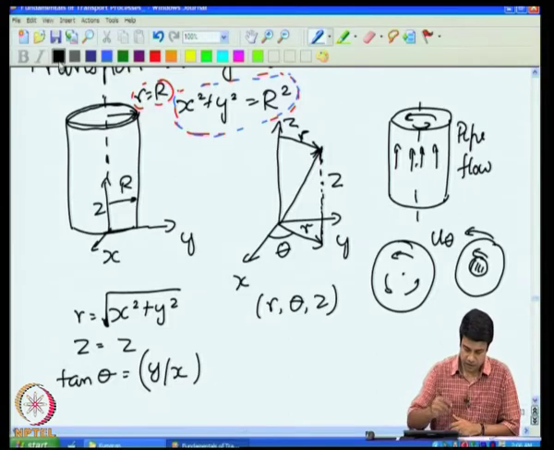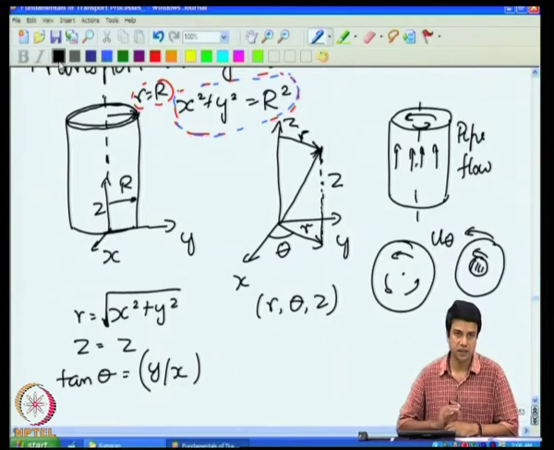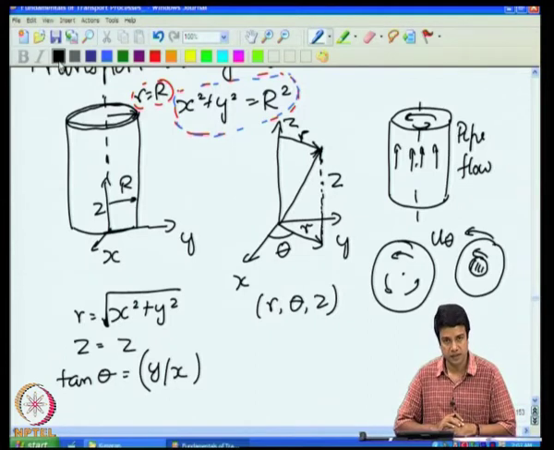So, for this particular cylindrical coordinate system, you have one axis, the z axis, about which the entire system is symmetric. So, if for example, I were analyzing a pipe flow, the axis would be at the center of the pipe. The axial coordinate would be at the center of the pipe. The distance from that axis, the perpendicular distance, is the coordinate r, the radial coordinate.